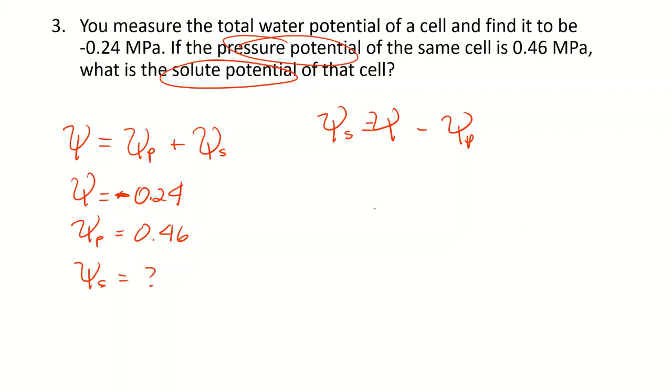So it's going to be equal to my total potential minus my pressure potential. So it's going to be negative 0.24 minus 0.46, which is going to be negative 0.7. And that's our solute potential, excuse me.